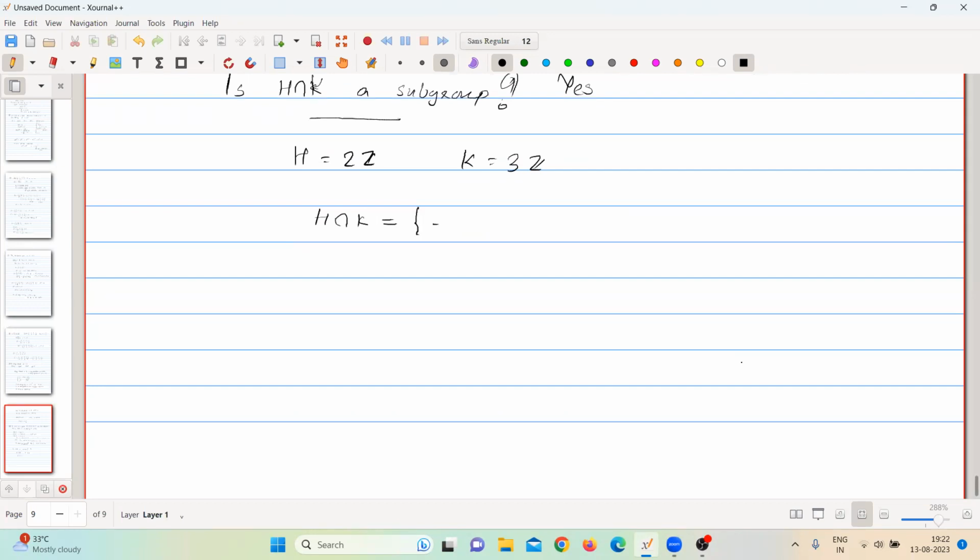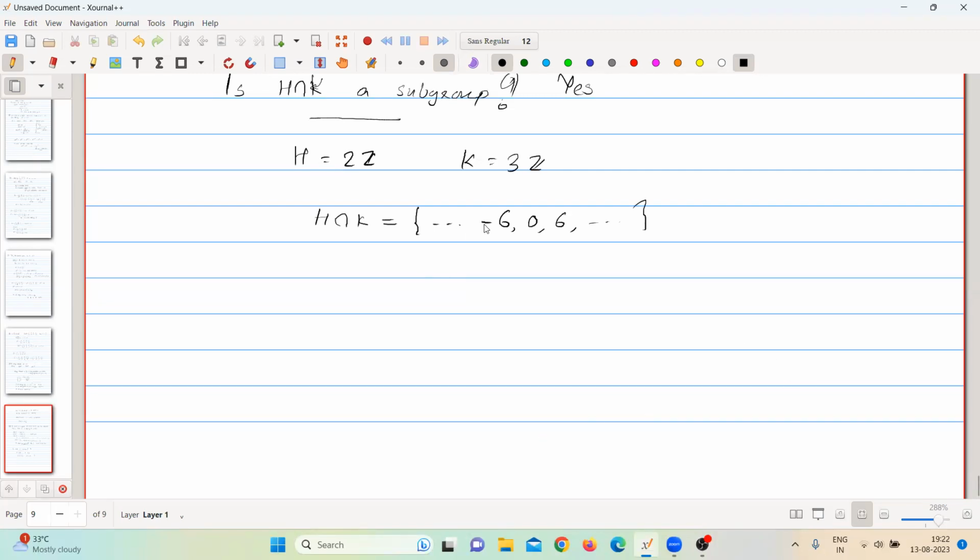Yeah, so all the multiples of 6: -6, 0, 6, etc. Why are all the multiples of 6 coming? Here all the multiples of 2, here all the multiples of 3. So all the common multiples of 2 and 3 will be in the intersection. We are taking the intersection.